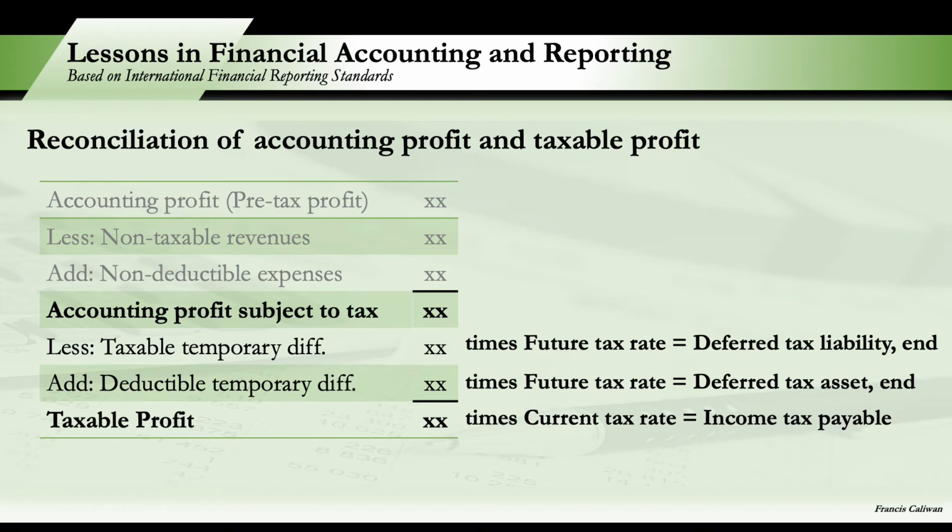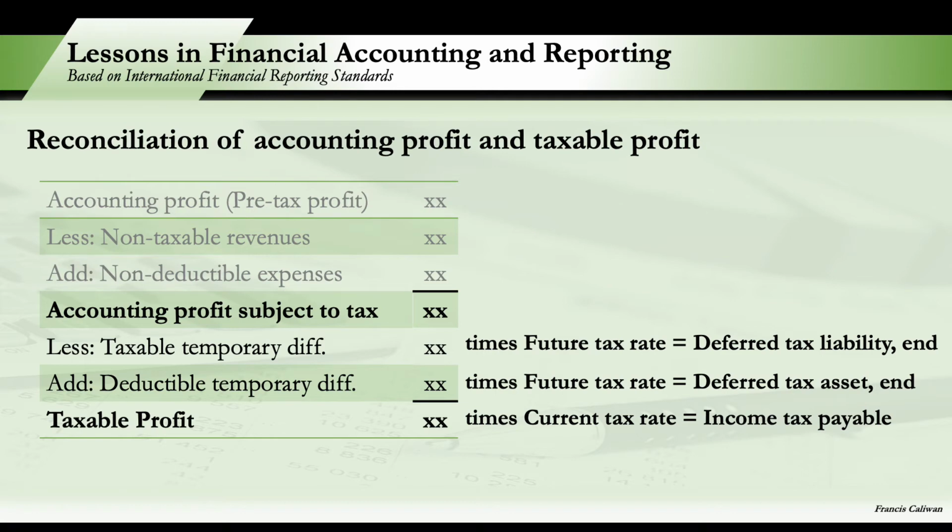So other than the tax rate, please also take note that the amounts that will be determined if we multiply the future temporary difference with the future enacted tax rates are the required balances of either the deferred tax asset and deferred tax liability.